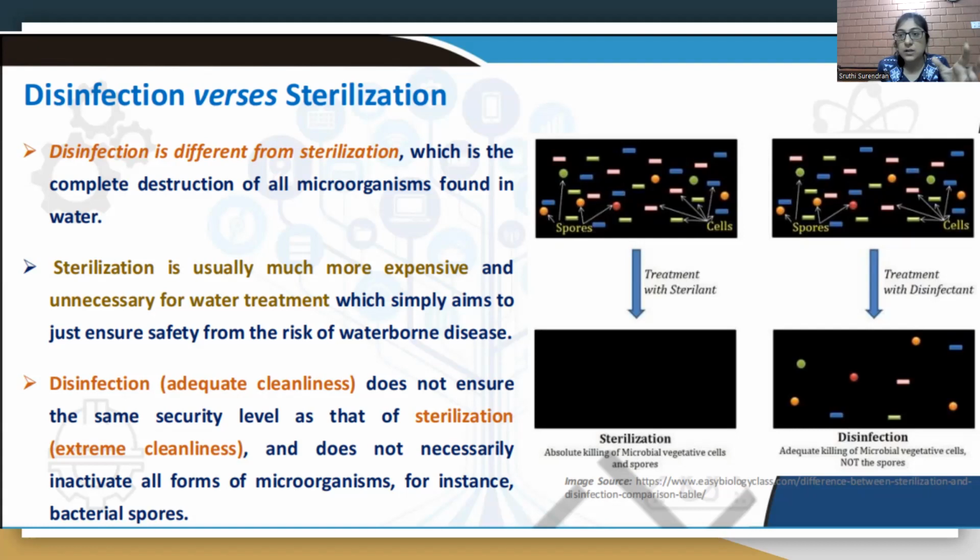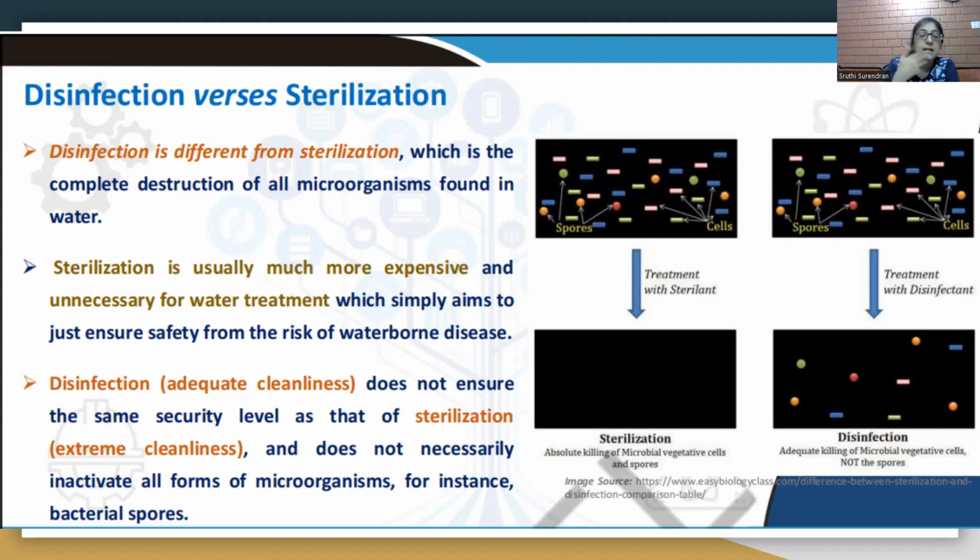Not only the pathogenic microorganisms, but also spores and any other microorganisms that are useful to humans; all the biological organisms in water will be removed through sterilization. Whereas in disinfection, we are just focusing on removing, inactivating or killing pathogenic microorganisms in water that are going to cause waterborne disease.